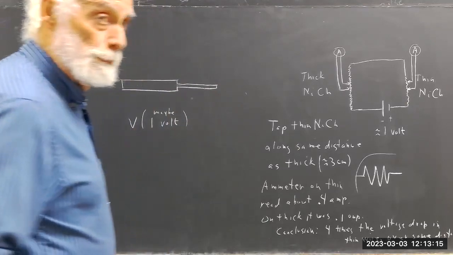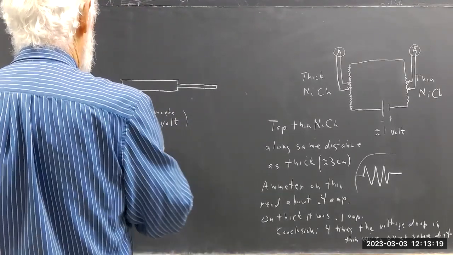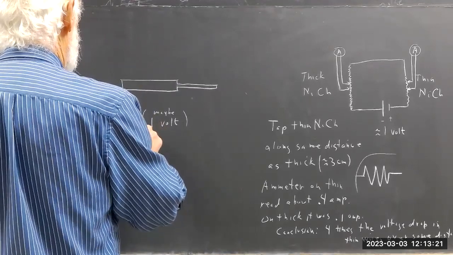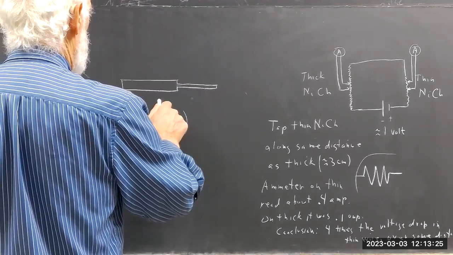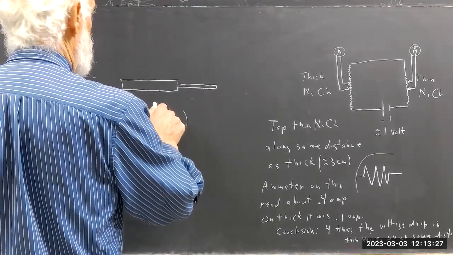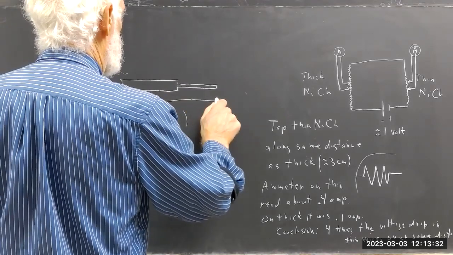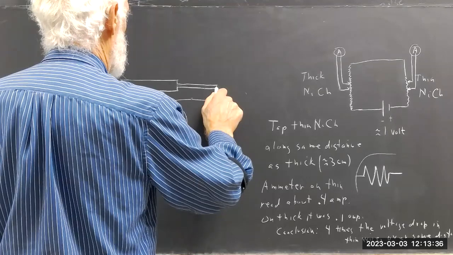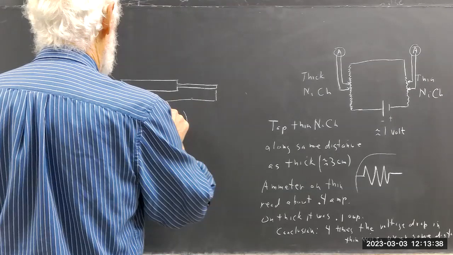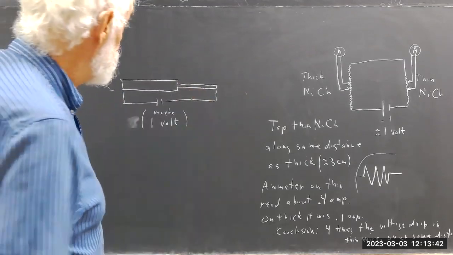Well, maybe it's 1 volt. We don't know. We haven't measured it. Okay. So there's our circuit, and these are our resistors.